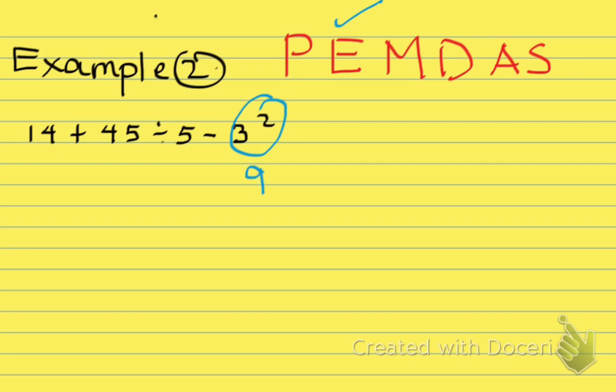And then we will look at if we have multiplication or division. We have 14 plus 45 divided by 5 minus 9. So we're done with our exponents. Now let's move on to multiplication or division. In our problem, we have division here.